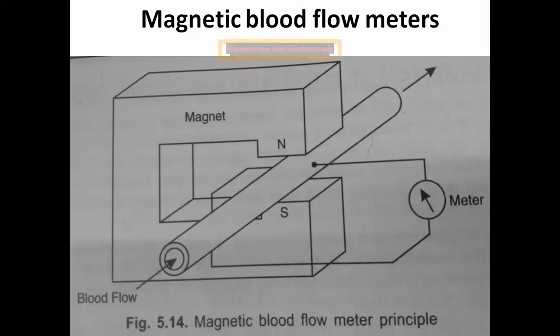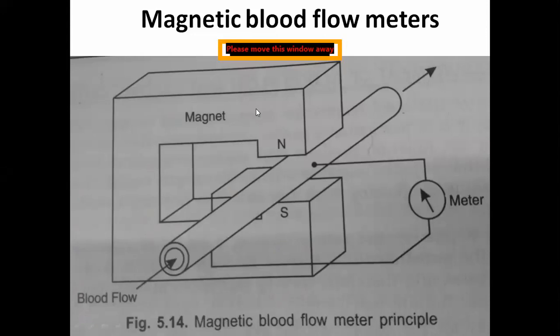Generally, in the place of a permanent magnet, we can use an electromagnet.